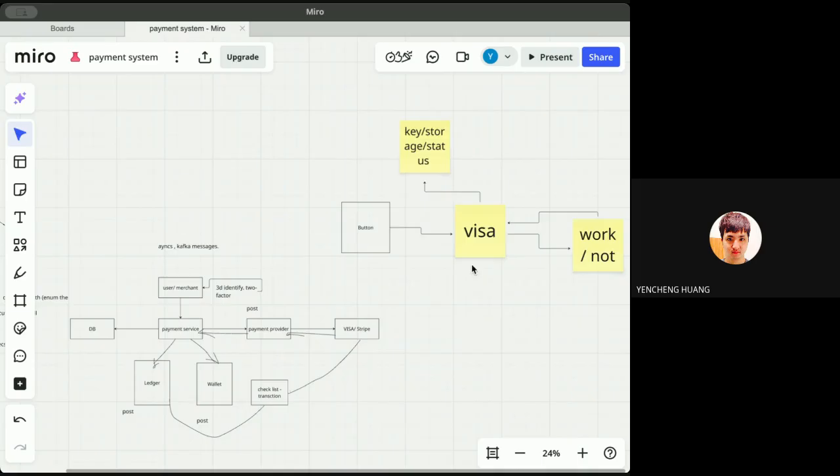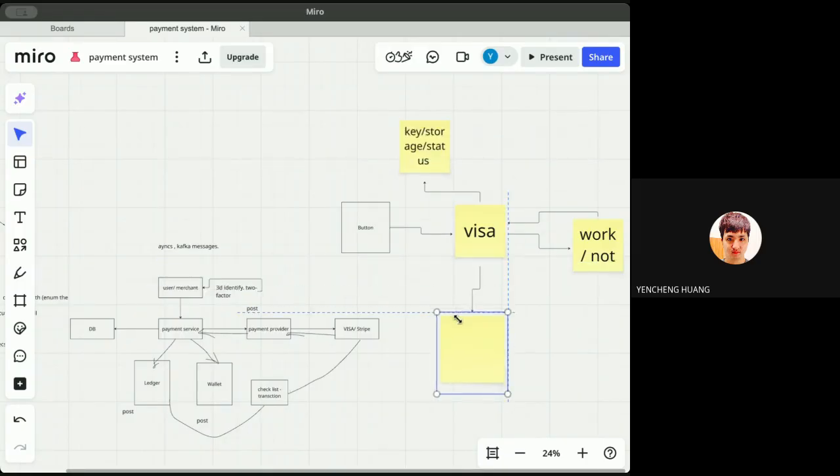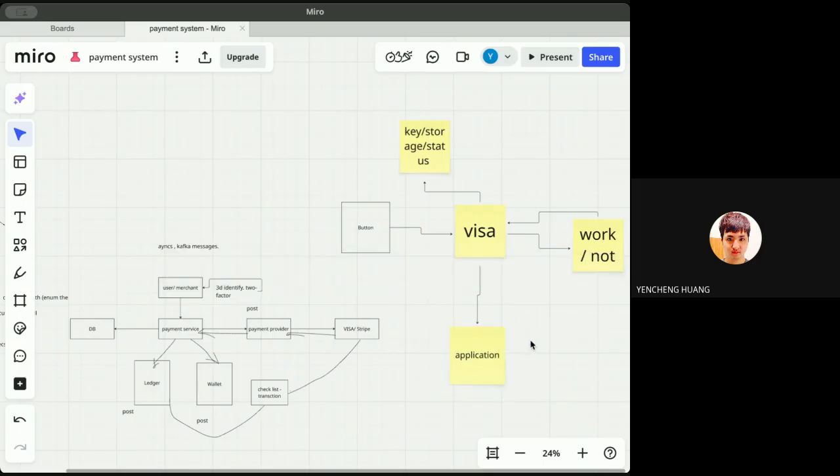And our transactions, whether finished or not, we show in our windows or our applications. And it's the more detail about the transactions between the payment provider and Visa.